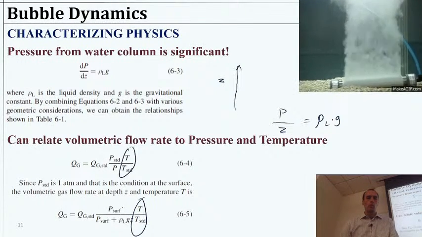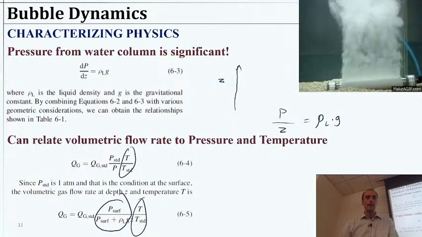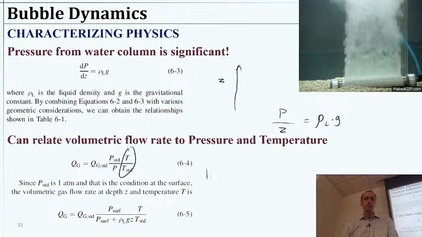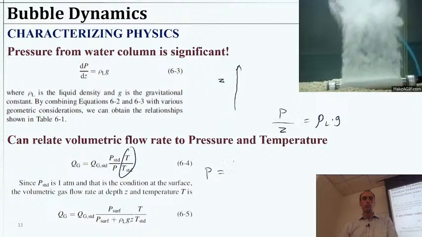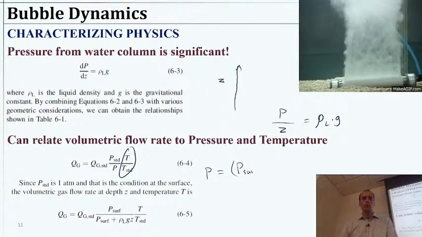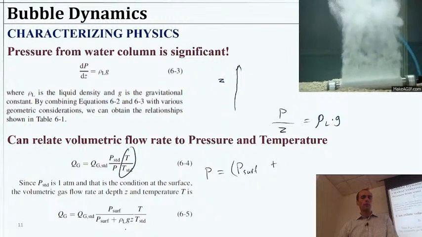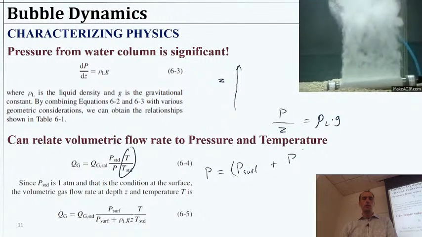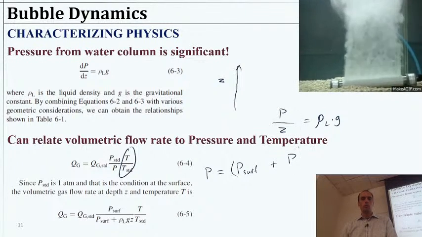And so this part, we are just saying, all right, another way to write pressure would be the pressure at the surface plus, what is this? That's the density of the liquid times gravity times Z. So that's the P that is current right here.